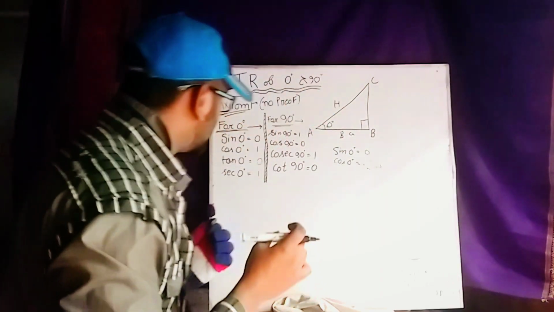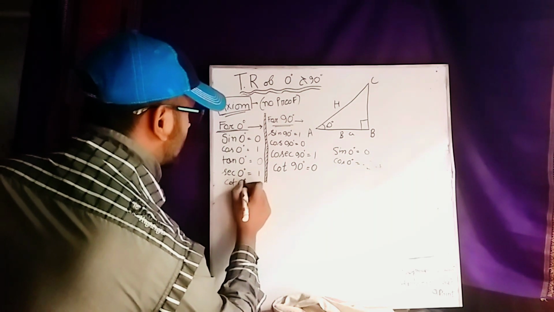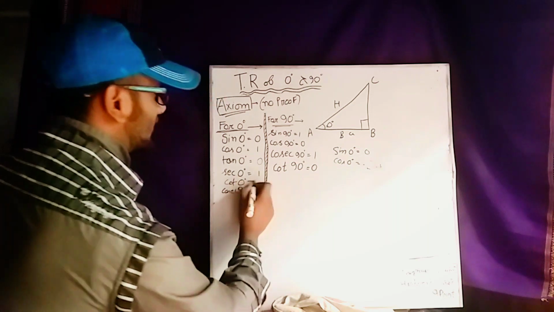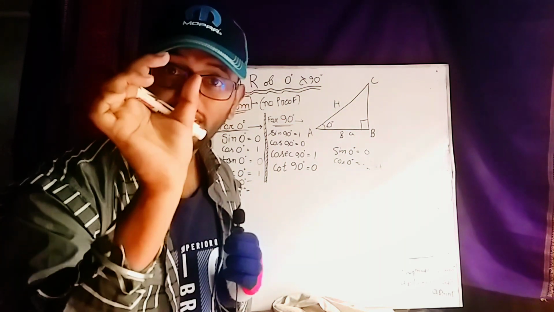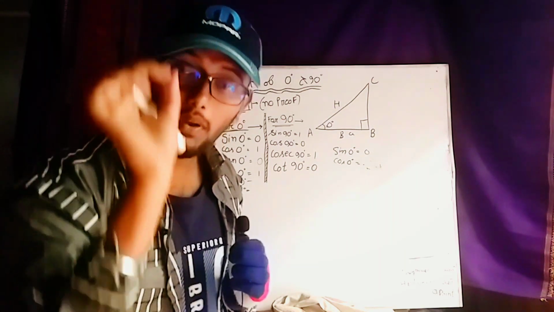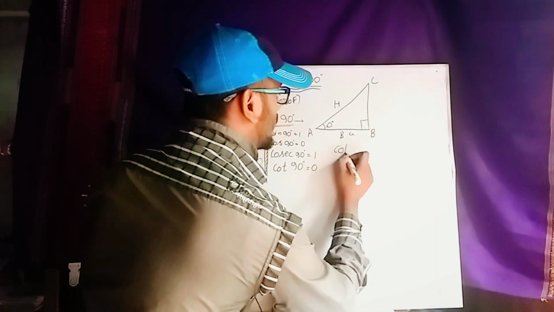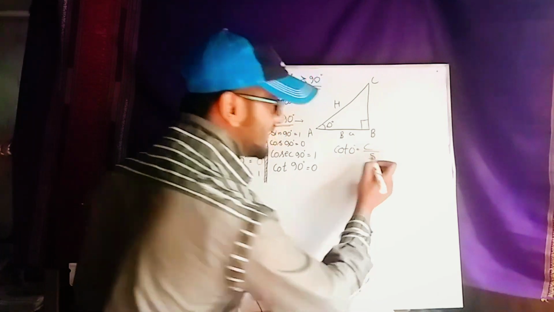Now you might be thinking, what are cot 0 degree and cosec 0 degree? Come, what is cot 0 degree? Cot theta means cos theta divided by sin theta, so cot 0 degree means cos 0 degree divided by sin 0 degree.